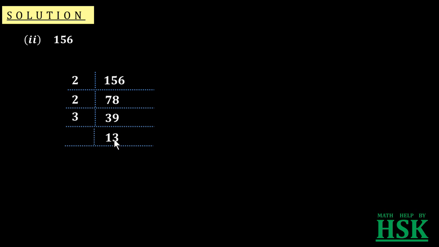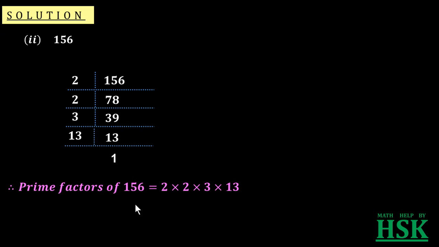The quotient is 13. 13 is again a prime number, dividing this by 13, I get the quotient equal to 1. So the prime factors of 156 are 2 into 2 into 3 into 13, or this can be written as 2 square into 3 into 13.